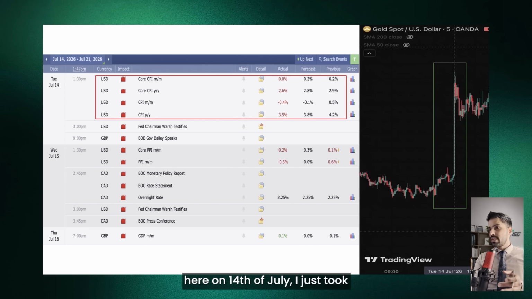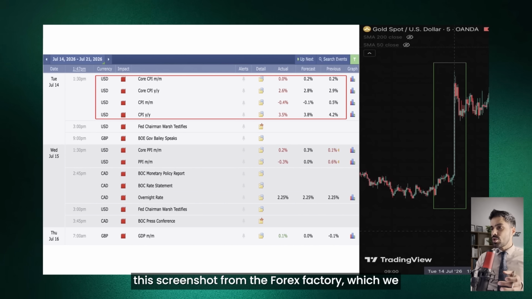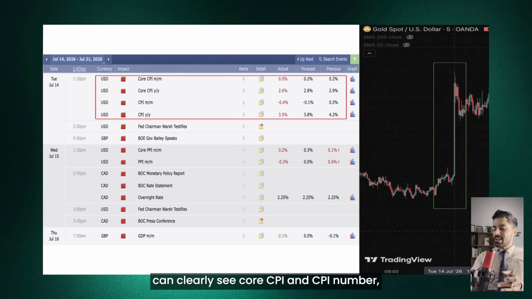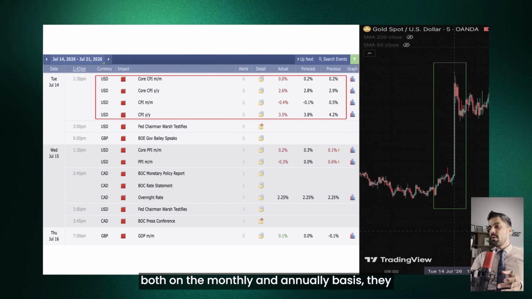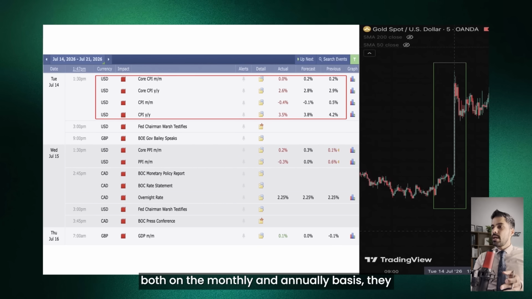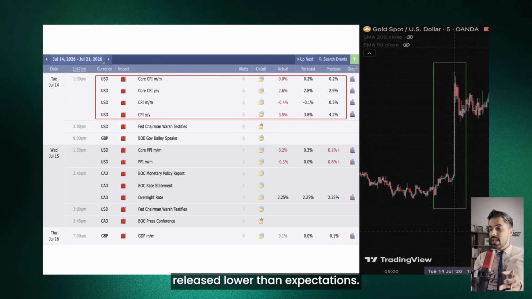But here on the 14th of July, I took this screenshot from Forex Factory, where we can clearly see core CPI and CPI numbers, both on a monthly and annual basis, were released lower than expectations.